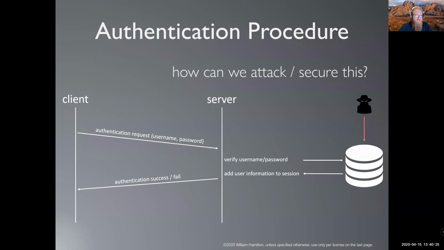So usernames, passwords, those kinds of things. And in particular, this is a problem because if an attacker gets into our big database of usernames and passwords, they're getting access to all those things.